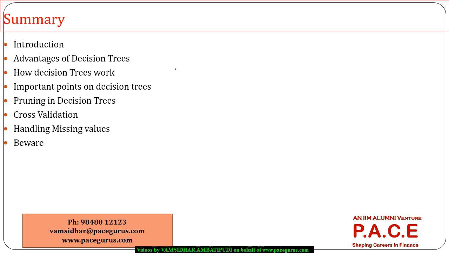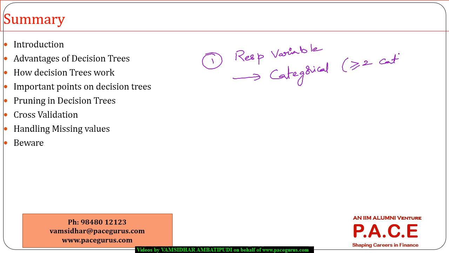From the next sessions onwards, we are going to deal with different kinds of decision trees, where I would look at a decision tree if my response variable is categorical with more than two categories, or categorical with only two categories, binary.